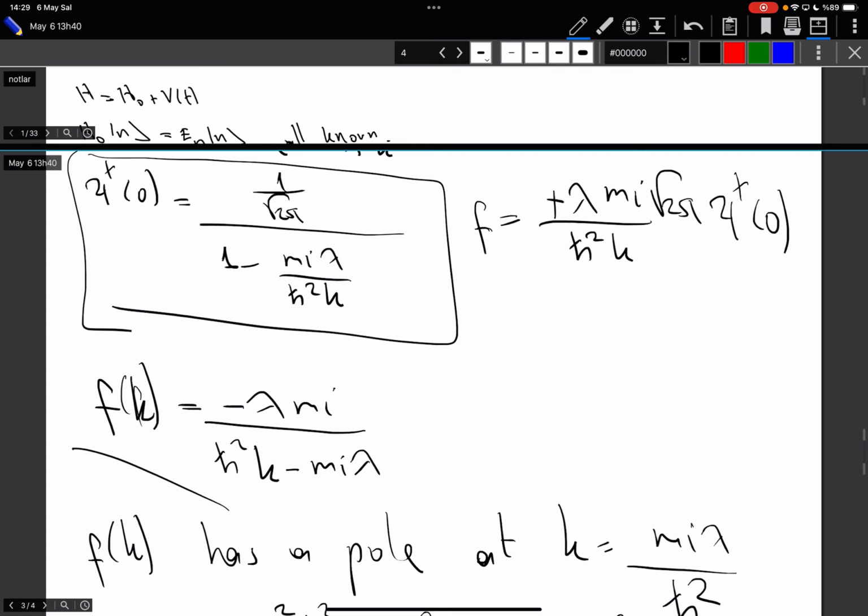So what is done sometimes is you assume a reasonable analytical form for F, you use all the constraints that you would like to have. And then that reasonable form will have some free parameters, and you fit those free parameters to the available experimental data. Then you continue to the complex K-plane and see what it tries to tell you.